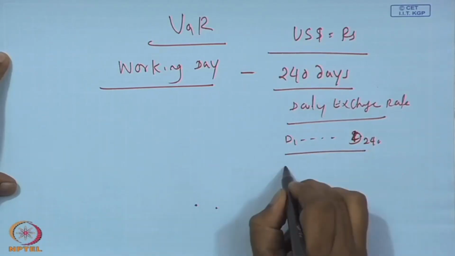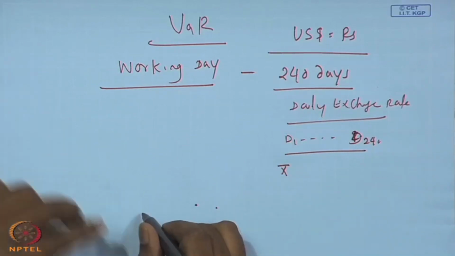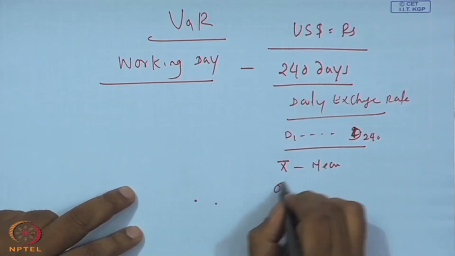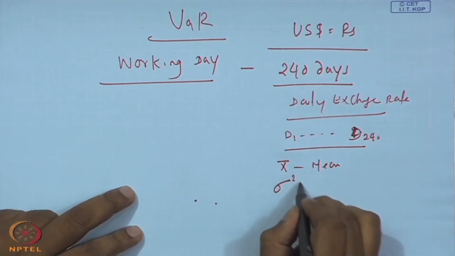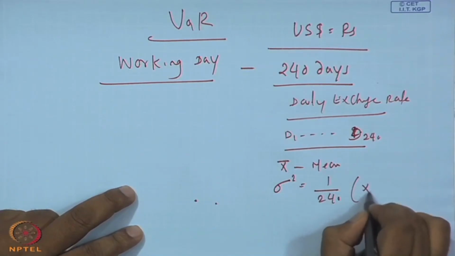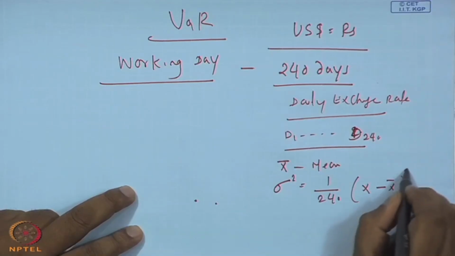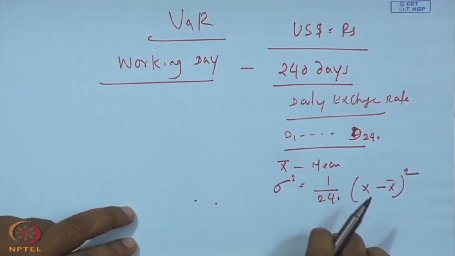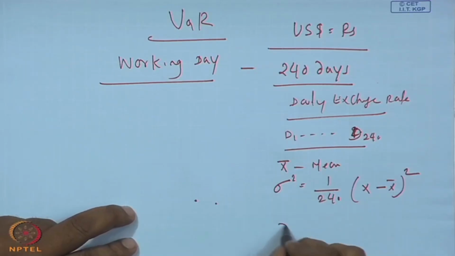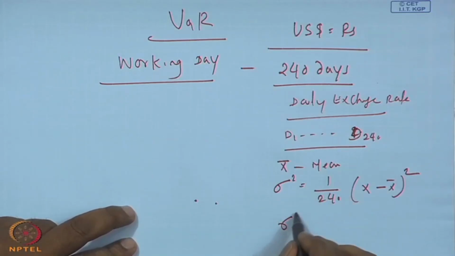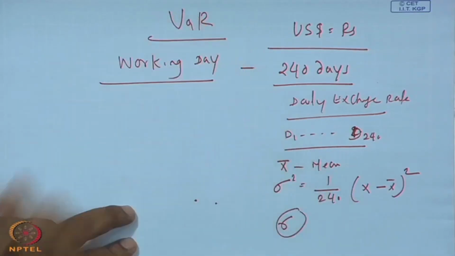Then take its mean. After that, estimate the variance, which is 1 by 240 into the sum of (x minus x bar) squared, that will give you the variance. After estimating the variance, we get the volatility, the standard deviation, and this will be helpful in the calculation of VAR.